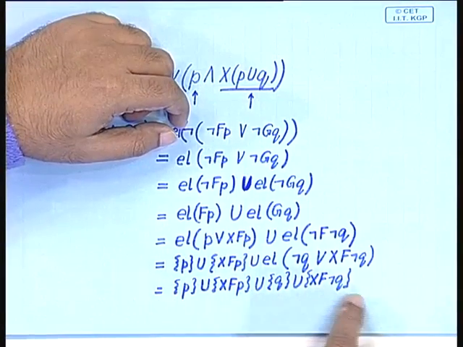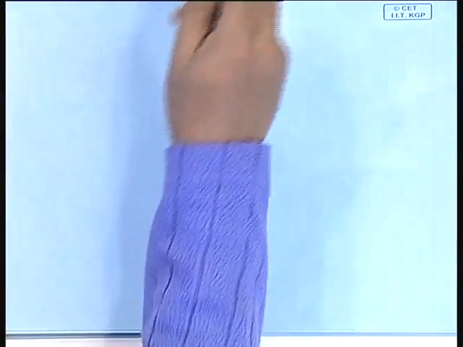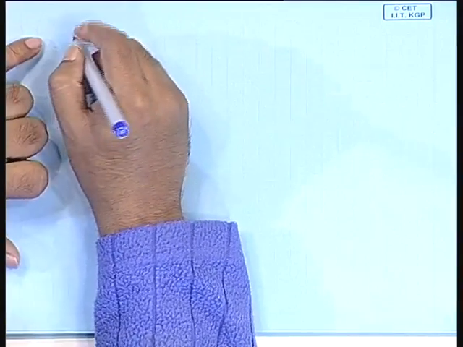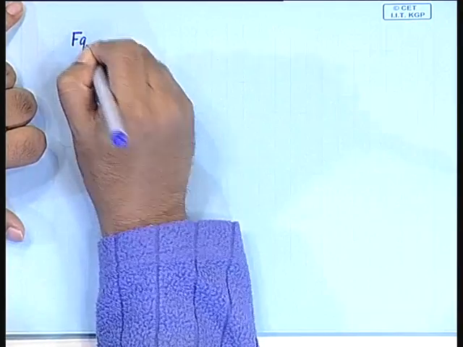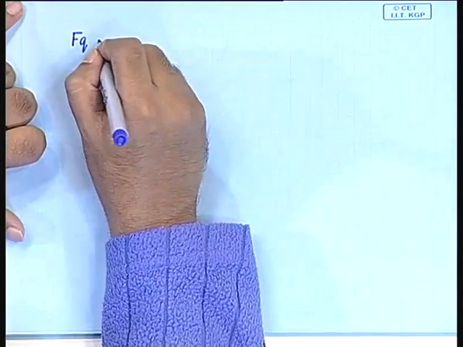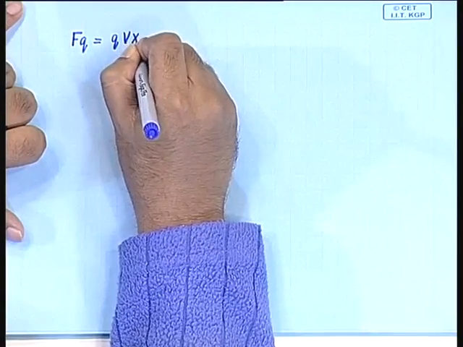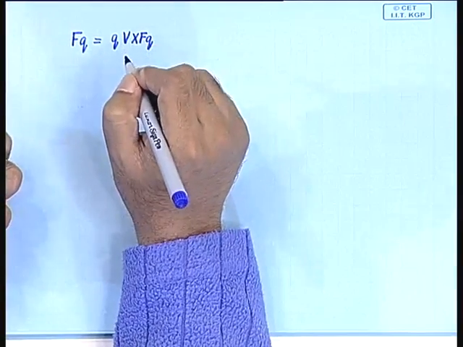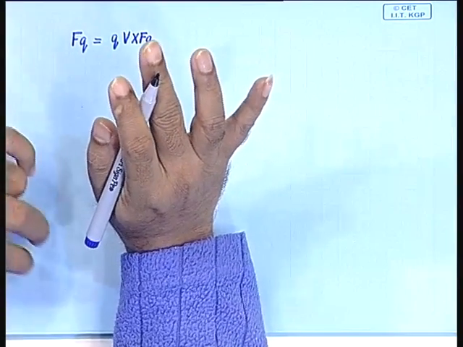So if I have k elementary subformulas, let us go back to the example that we saw in the previous class. What was the property that we were seeing? F Q, and then we broke it down into Q or X F Q. And then based on these Q and X F Q, we had 4 states in the tableau.